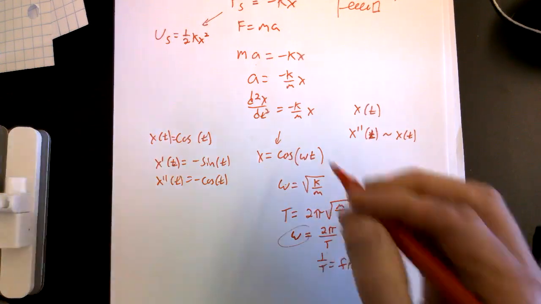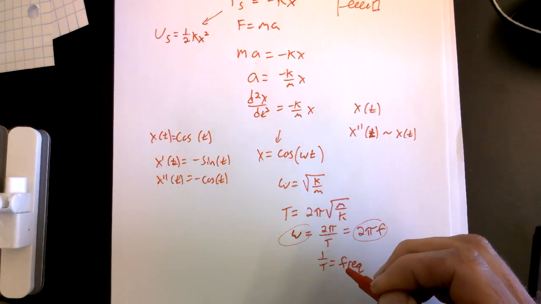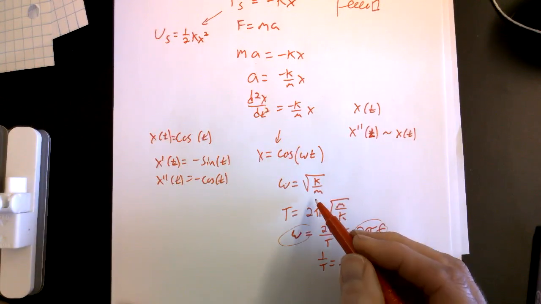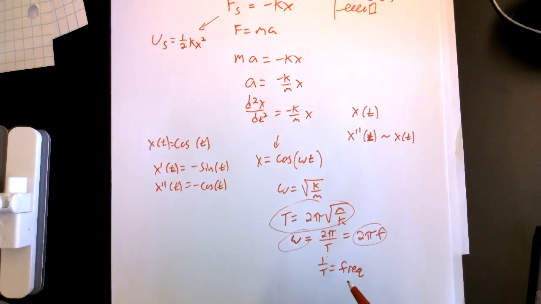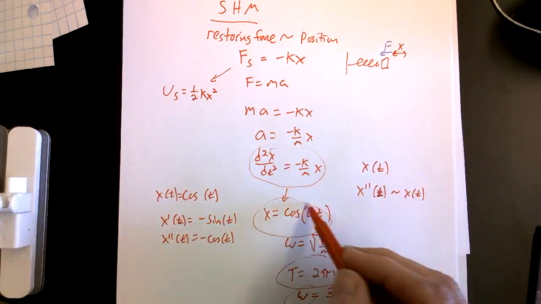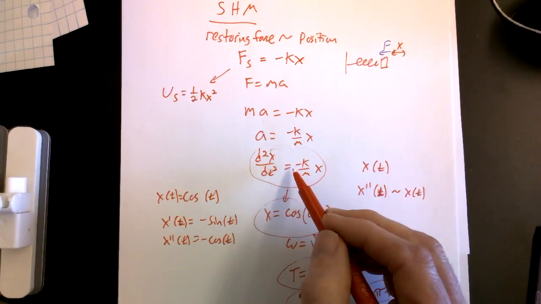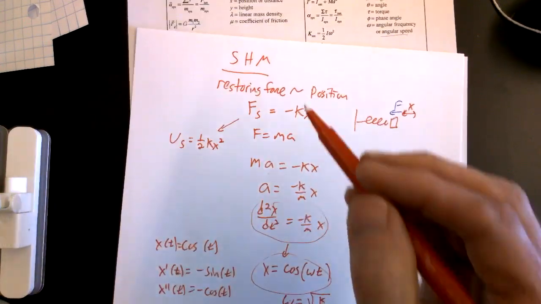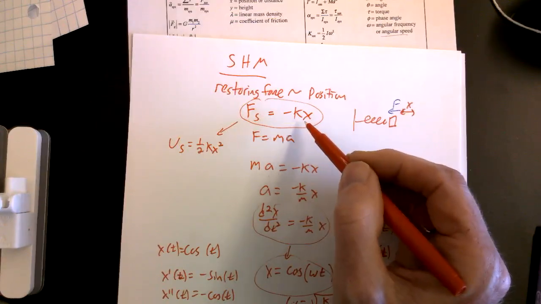Okay, so don't have to worry about those details too much. This last part over here is just for satisfaction. What we do need to remember is the formula for the period, and by remember I mean just remember how to use it. Remember that this is a solution for a second derivative problem, this differential equation right here. This differential equation came from the fact that our restoring force was directly proportional to the position.